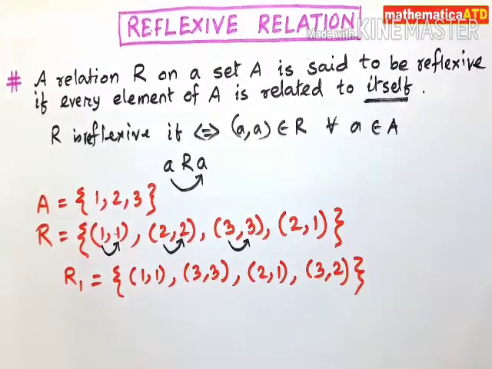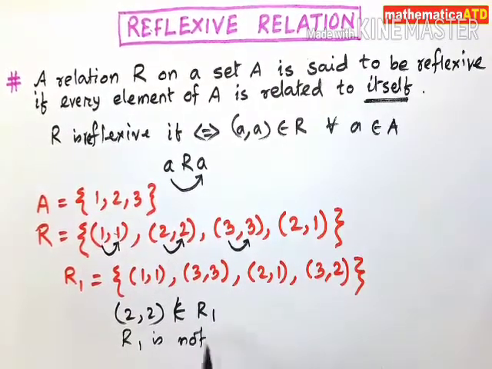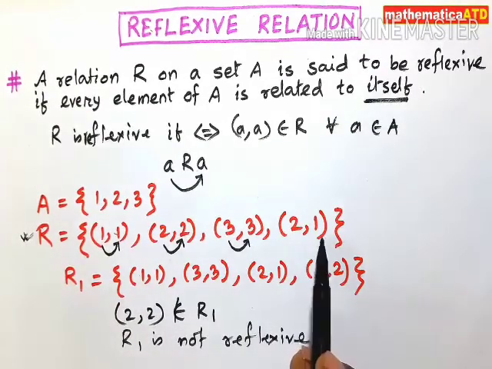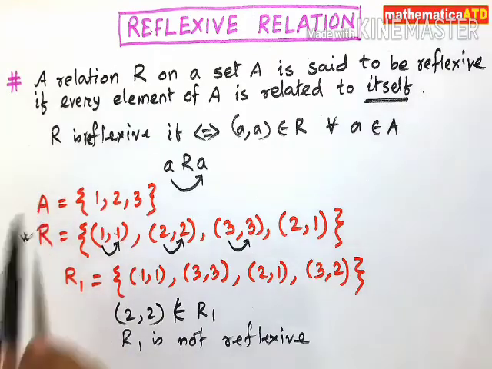In this relation, we do not find (2, 2) because (2, 2) does not belong to R1. So R1 is not a reflexive relation. In the first example, R is a reflexive relation, but R1 is not reflexive on the set A.